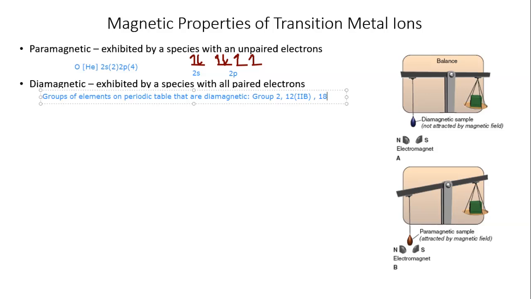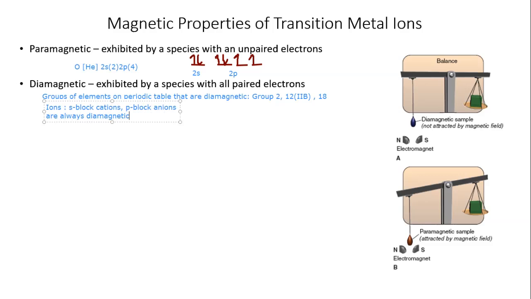Now for ions, some common trends here. S block cations and P block anions are always diamagnetic.